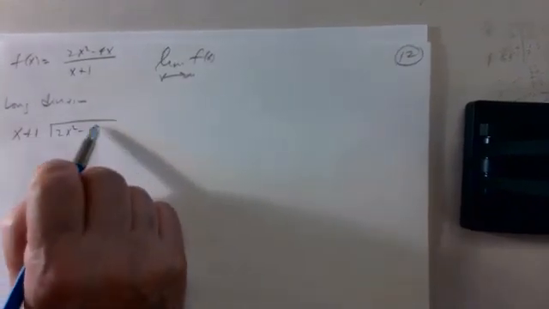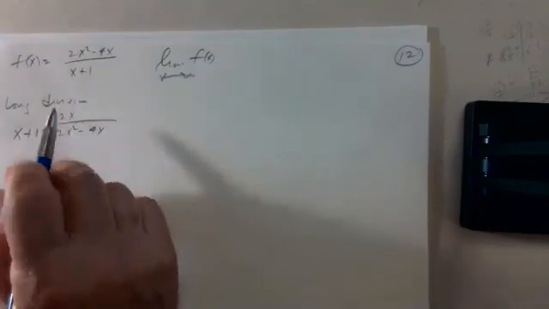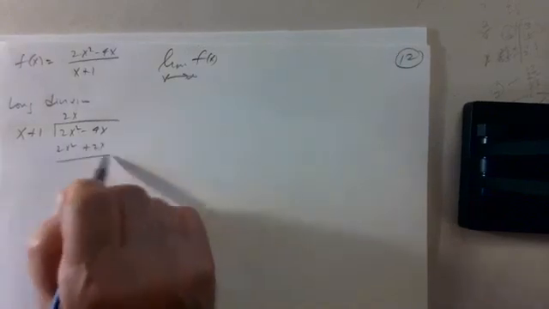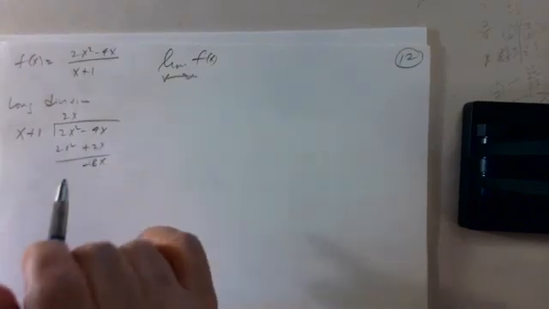One way to do this is a method that's suggested in the book, there are other ways, is to do long division. Suppose we divide x plus 1 into 2x squared minus 4x. Let's see, what do we get? 2x, that's 2x squared plus 2x. You subtract, you get minus 6x.